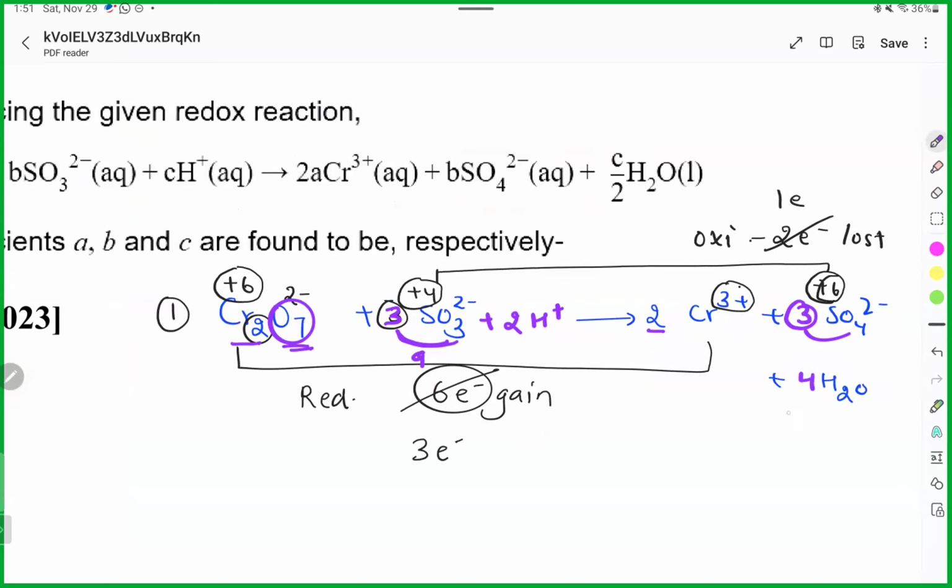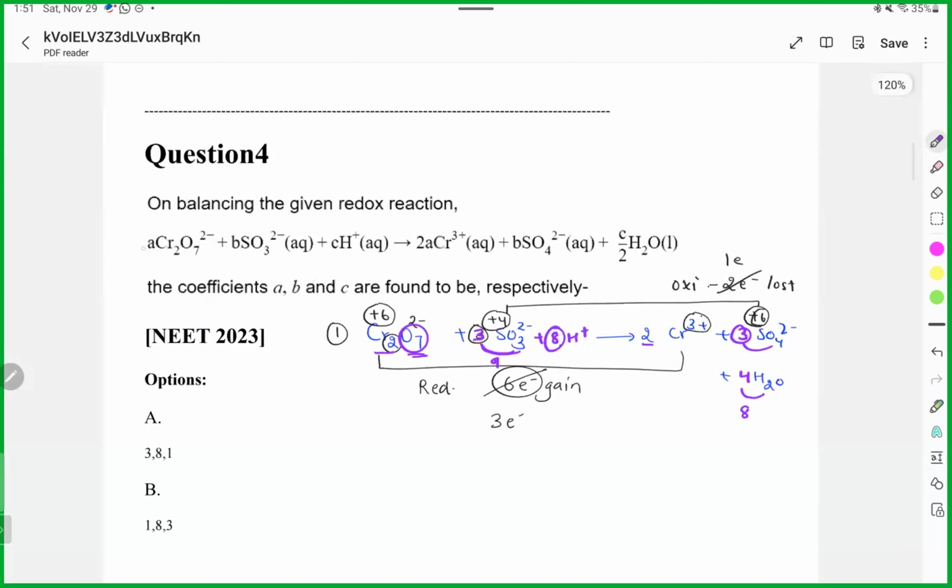Now oxygen is balanced, sulfur is balanced. What is the number of hydrogen here? 8. Tell me guys, any doubt? So what will be the value of a? 1. The value of b will be 3.